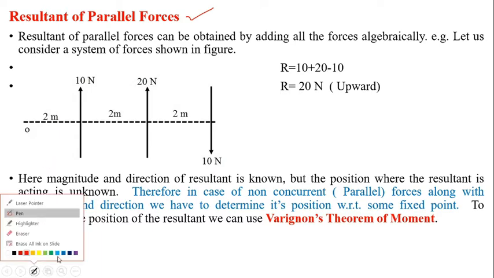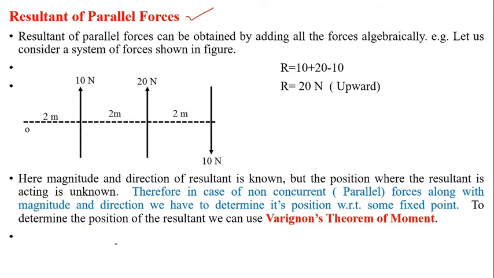Now in the given figure, three forces are acting. The first force is 10 Newton, the second is 20 Newton, and the third force is 10 Newton acting in downward direction.